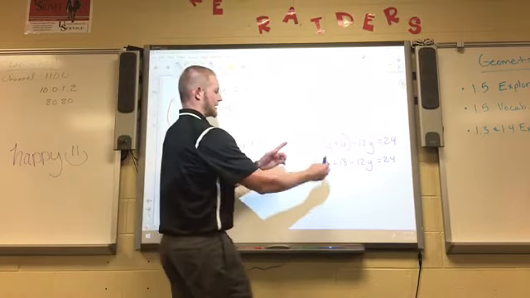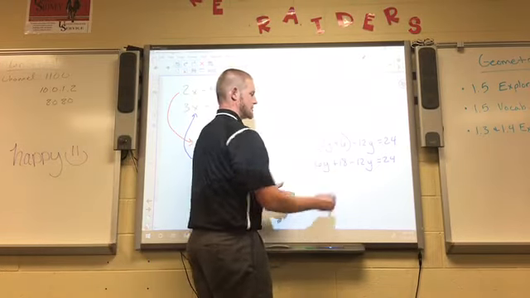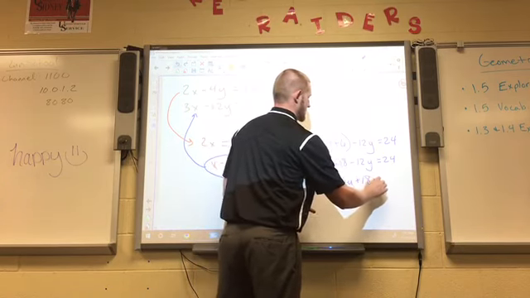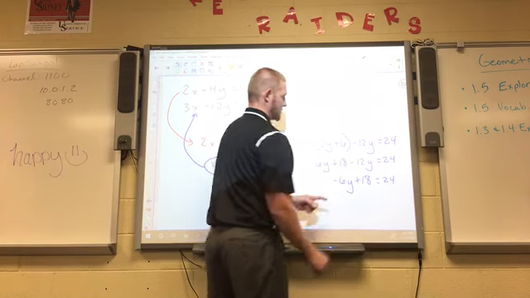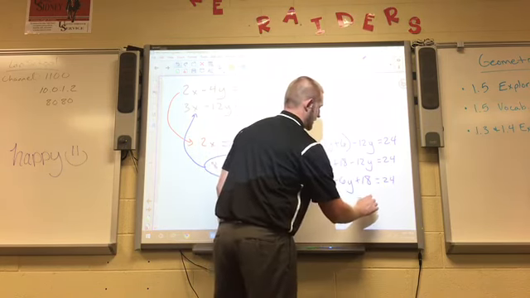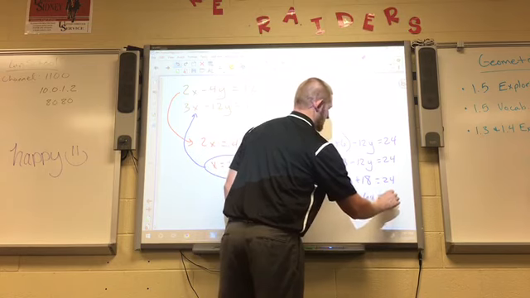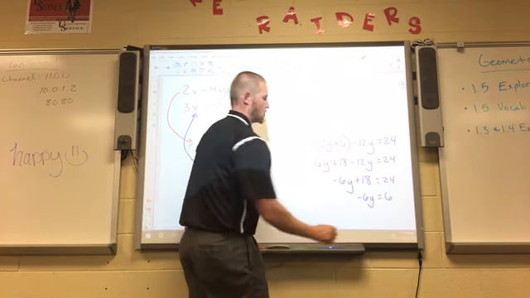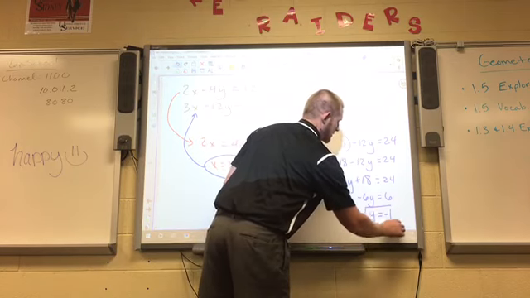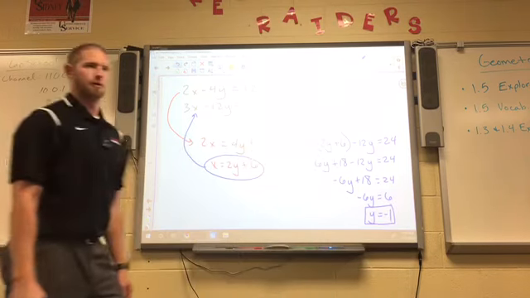Then combine my like terms. 6 and negative 12 is negative 6. Negative 6y plus 18 equals 24. How do I move this over? Subtract. I get negative 6y equals 6. So y equals negative 1. Decent amount of work for one variable.